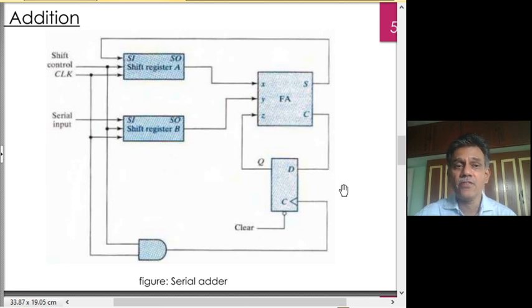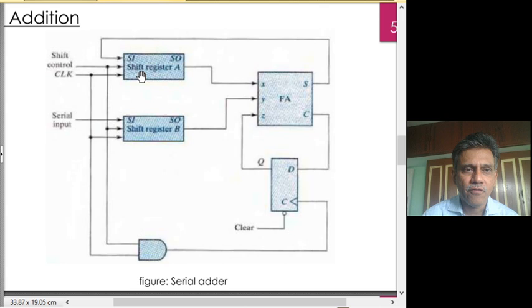Indeed, even if you want to perform a 128-bit addition process, a single full adder is enough, because you are going to essentially add only 1 bit at a time. You don't need 128 full adders to accomplish it. Although that implementation would be faster, we can achieve it at a slower pace using just 1 full adder.